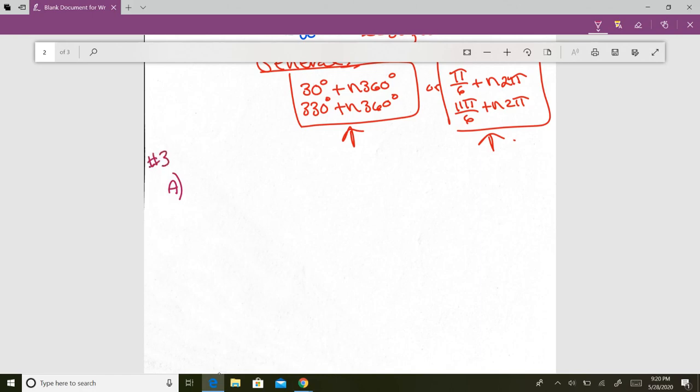They have sine of x is equal to 0. Okay, so I'm going to show you two ways to do this one. What is my reference angle? Reference angle is going to be sine to the minus 1 of 0, which is going to spit out 0 degrees.